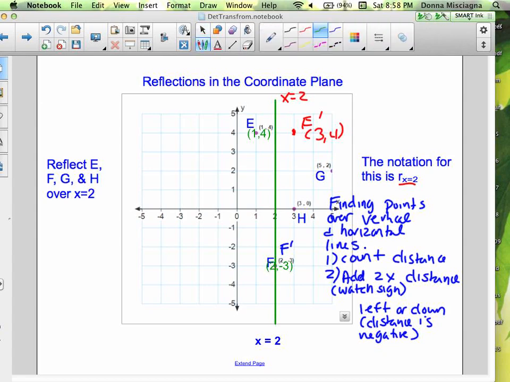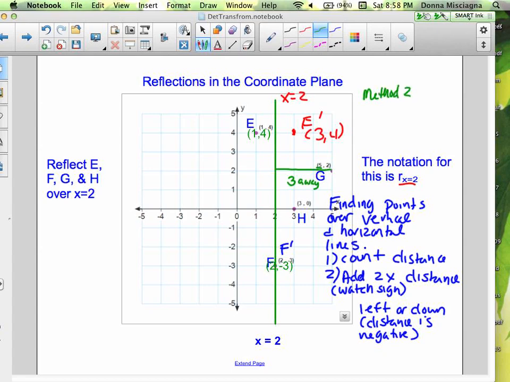But maybe G would be helpful. All right, so G here, so this is x equals 2, and x coordinate for G is at 5. All right, so G here is 3 away. All right, so we'll use our method number 2 here, not counting.